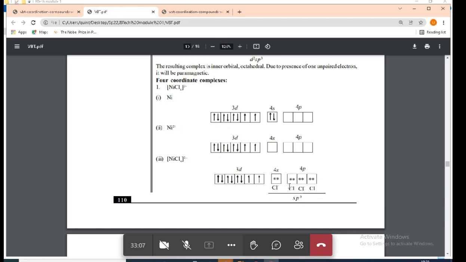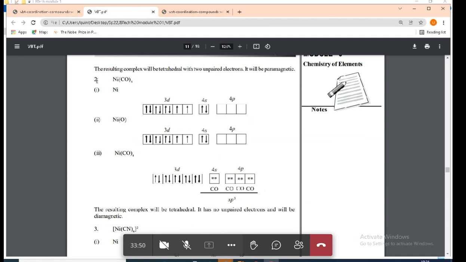If the ligand is weak, then it just takes up the 4s and 4p and forms sp3 hybridization to give you 4 equivalent orbitals, in which the chloride lone pairs are shared with the central metal atom, and these two remain as unpaired electrons, thereby making this complex paramagnetic. The paramagnetic behavior was confirmed experimentally. So one could say that it is sp3 hybridization, the shape is tetrahedral, and it is paramagnetic.